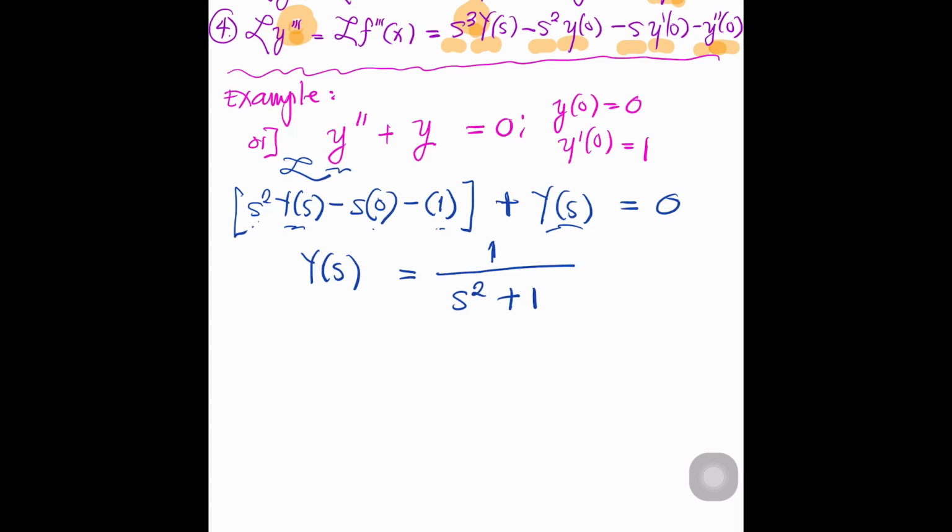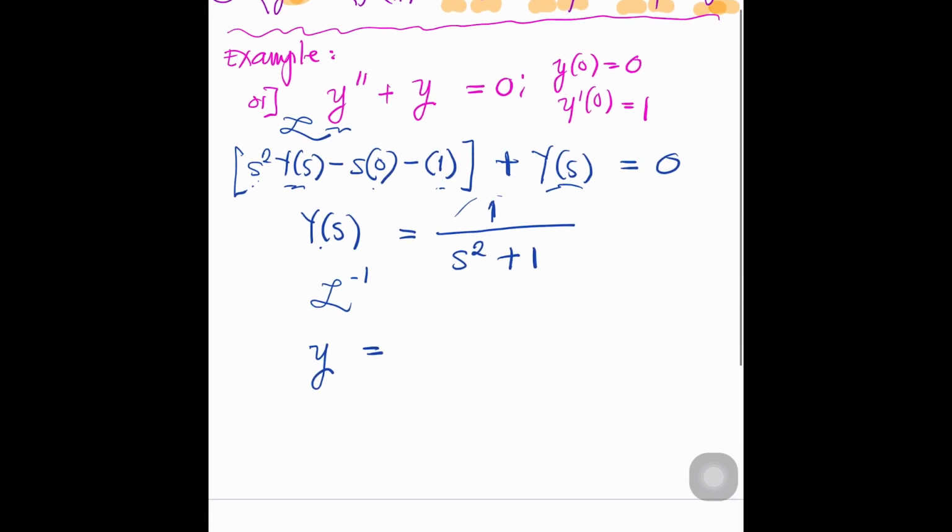Then we get the inverse Laplace. What is the inverse Laplace of y of s? Simply y. Alright? And then the inverse Laplace of 1 over s squared plus 1 is similar to the equation of omega over s squared plus omega squared.